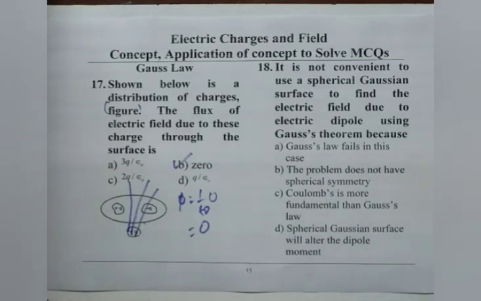It is not convenient to use a spherical Gaussian surface to find the electric field due to an electric dipole using the Gauss theorem because, once we want to apply the Gauss law to make our life comfortable, we must choose an imaginary surface, what we call a Gaussian surface, keeping in mind these things.